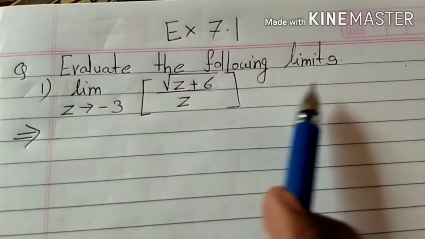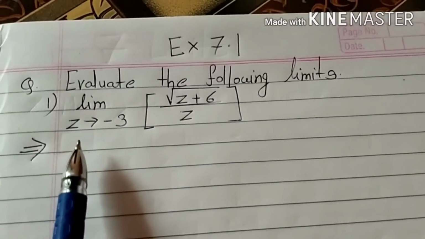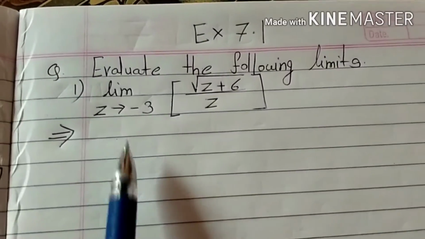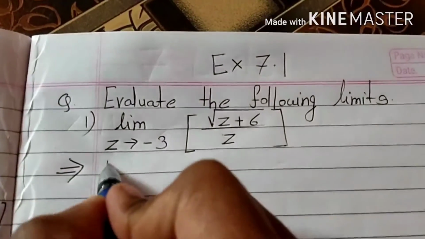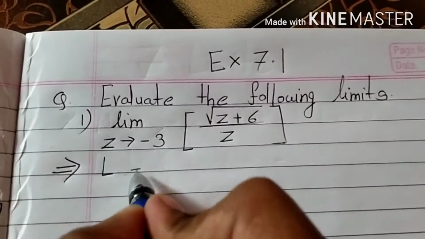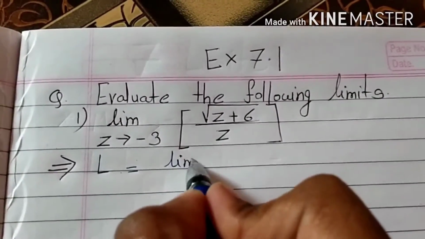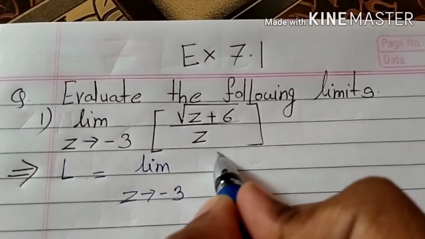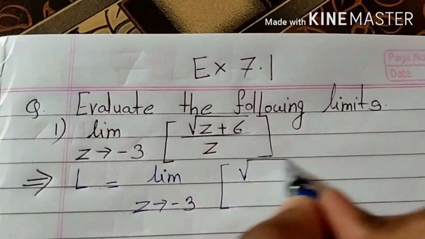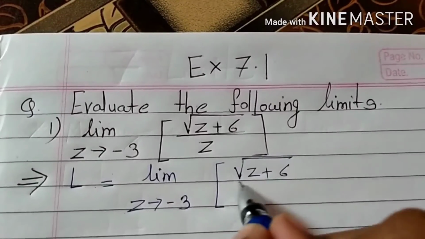So evaluate the following limit, and this is our first example. We take the limit as L. So L is equal to the limit as z tends to minus 3 of root of z plus 6 upon z.